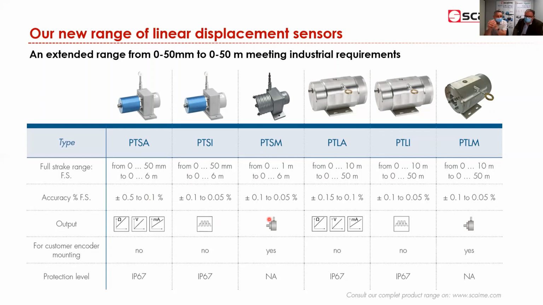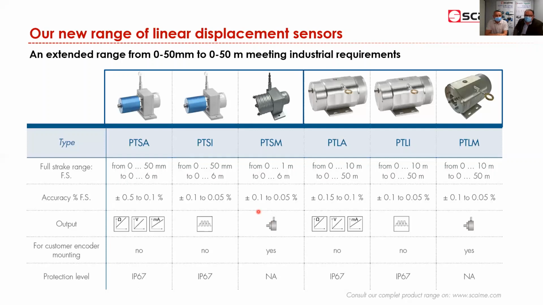But with an encoder, we can increase it, in fact 0.01% is possible too. Well, 0.1% can be enough for many applications. Exactly. But when you really need to be accurate, then the solution including an encoder is always better. Yes, you're right. Okay. All right. So two sub-ranges, PTS and PTL.